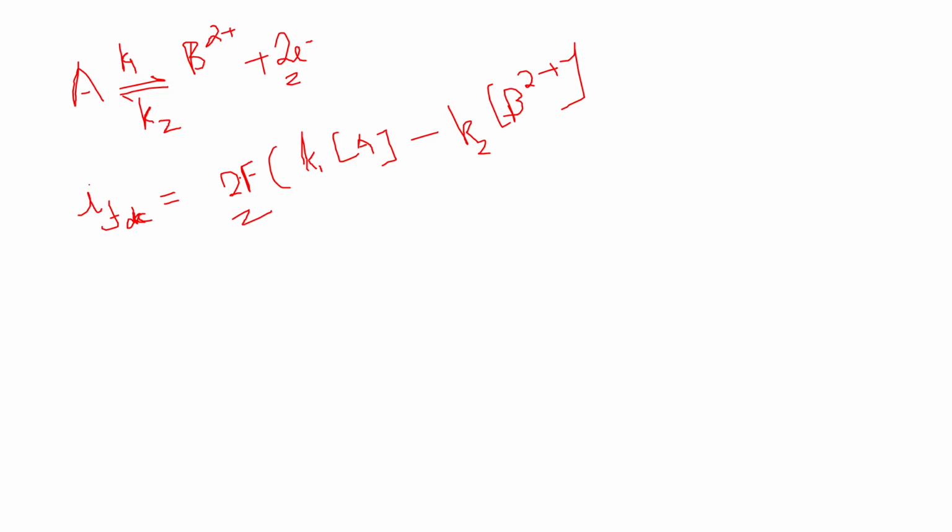See, Lakshmi, we have a question in the assignment, but we didn't get the option with k2 into concentration of B2 plus. We only have the option k1 into concentration of A minus k2.